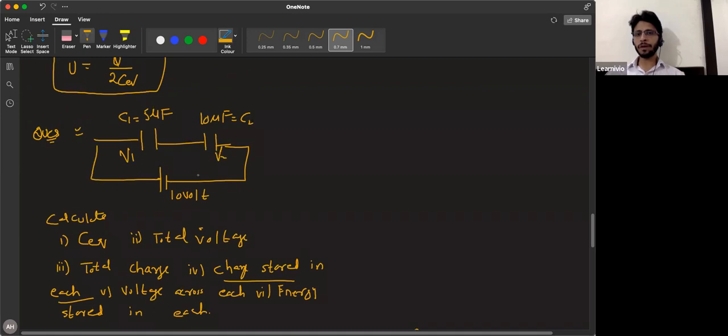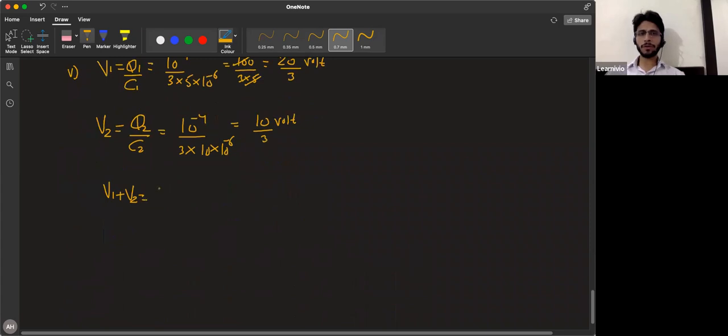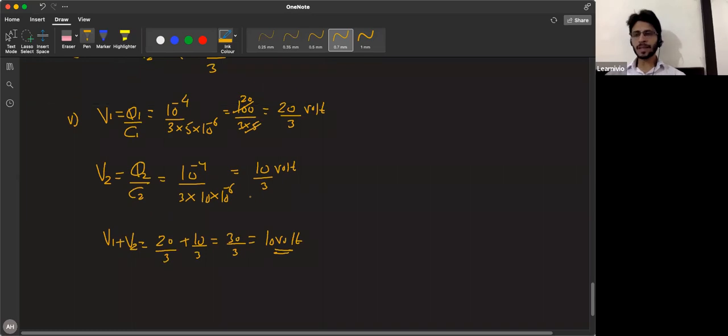So if I add V1 and V2, I should get back the 10 volts. V1 is 20 by 3, V2 is 10 by 3. When I add them up, it becomes 30 by 3, which is 10 volt. So that is the total voltage, 10 volt. Is it clear?